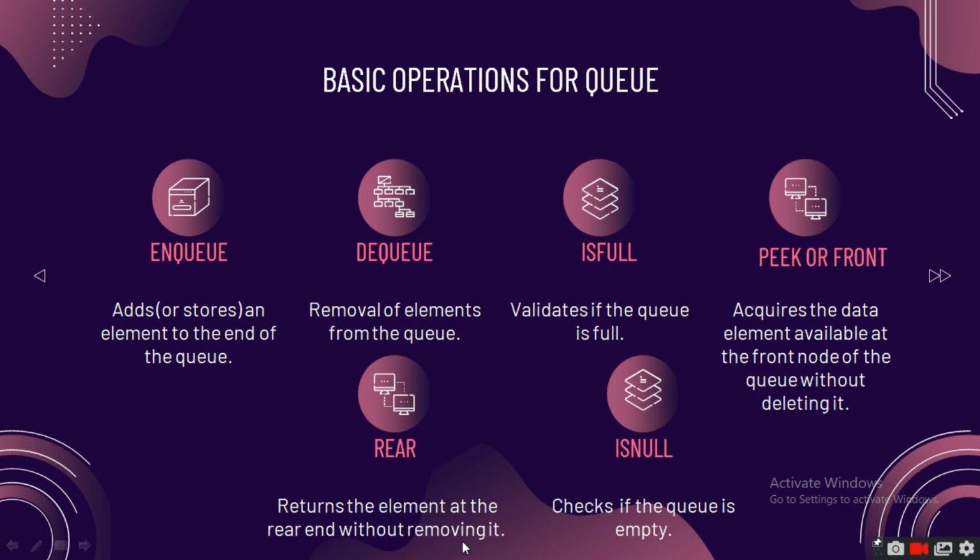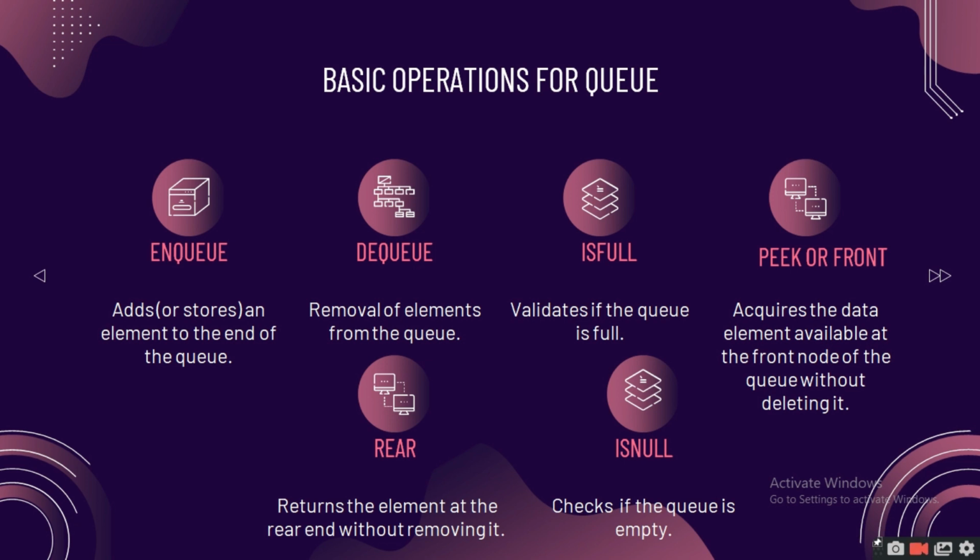And isNull checks whether the queue is completely empty or not. So these are the basic operations in a queue. We will be seeing the algorithm and implementation of these operations in detail in a coming lecture. This is just an introduction lecture, so I'm just going to define what all these functions do in general.